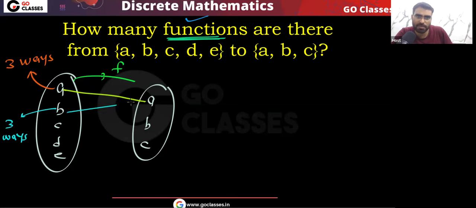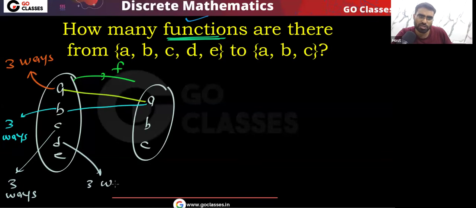Okay, because I can map B here, or I can map B here, or I can map B here. So remember, again, there are three choices for B. Let's assume I'm mapping B here. Now, once these are done, how many choices for C? Again, there are three choices for C. Okay, similarly, there are three choices for D, and there are three choices for E also. Okay, is this clear? So, what are the number of functions?